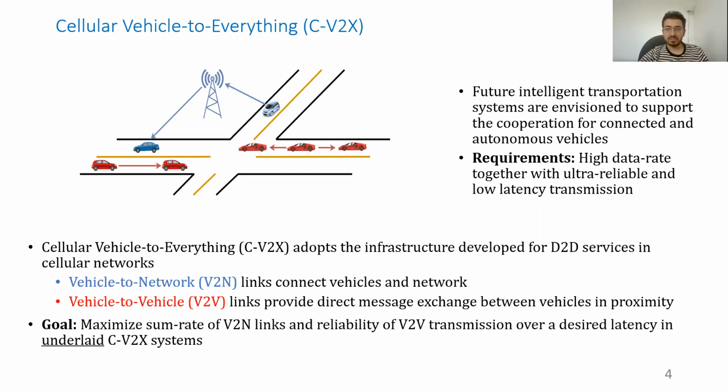To enable efficient CV2X operation, emerging cellular systems must provide high data rate connectivity to vehicular users of V2N links for gaming and video streaming, together with V2V services that require message exchange among vehicles with high reliability and extremely low latency. Satisfying such requirements is challenging and hence calls for an intelligent resource allocation design.